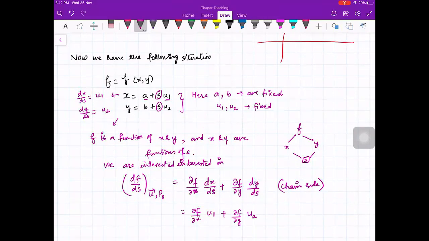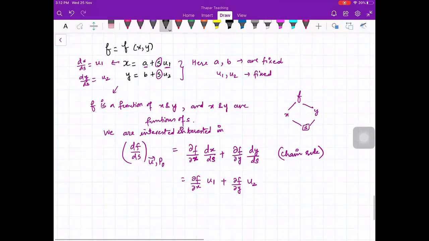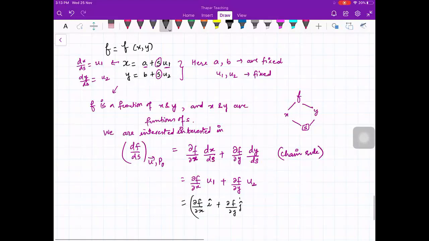Is that clear? Now I will write it in the form of vectors. Can I write it like this: (curly f by curly x i cap plus curly f by curly y j cap) dot product with (u1 i cap plus u2 j cap)?